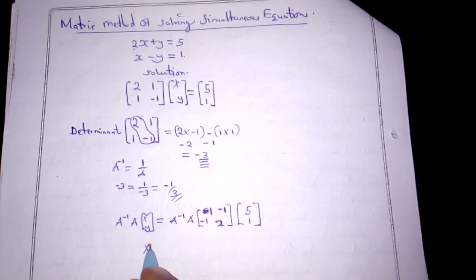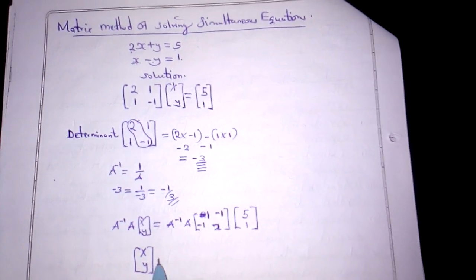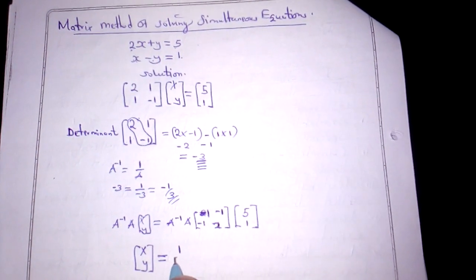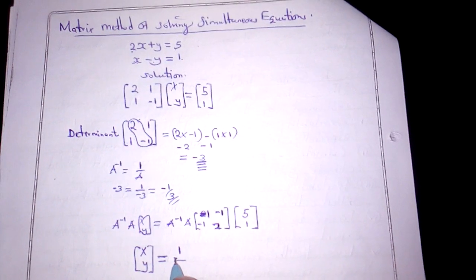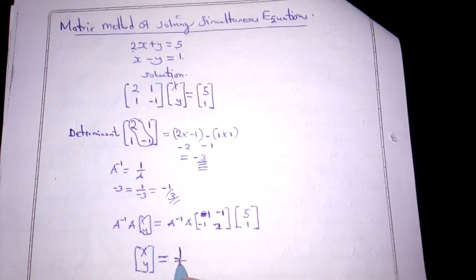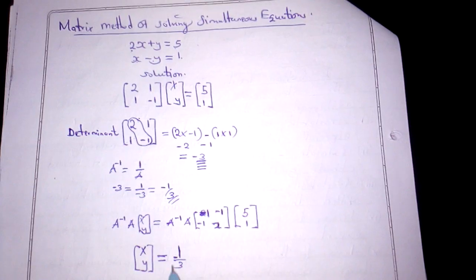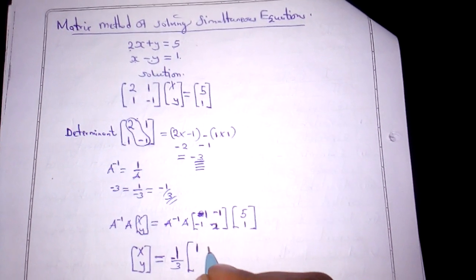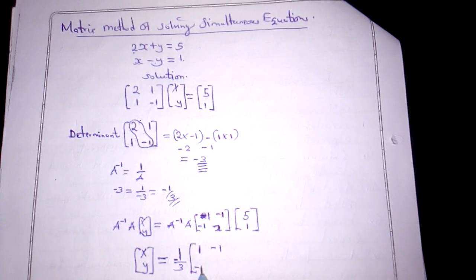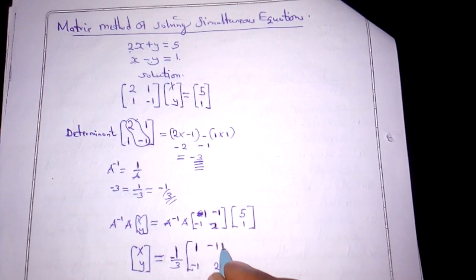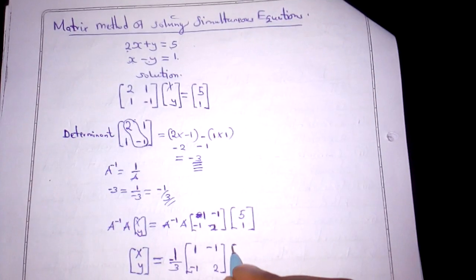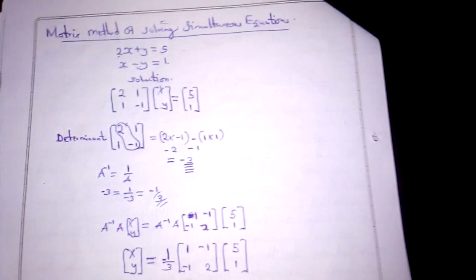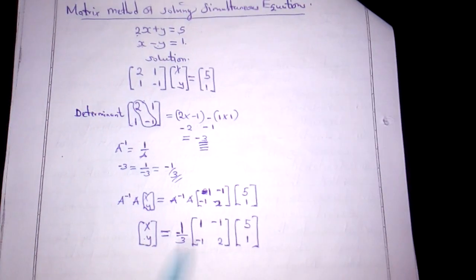So x, y is equal to the inverse that we have there, negative 1 all over 3, into 1, negative 1, negative 1, 2, multiplied with what you have, that is 5 and 1, for us to get the solution of x and y.